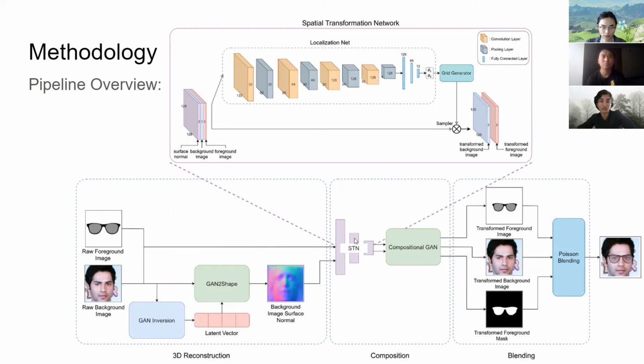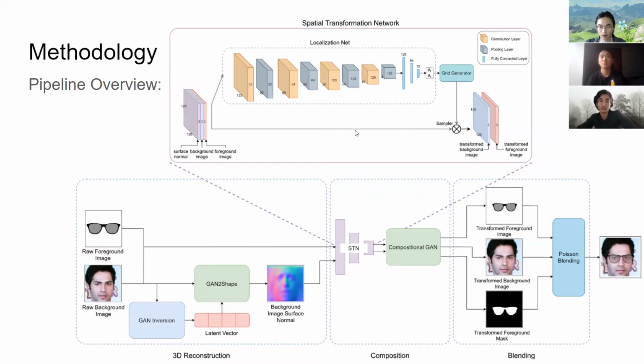We extend previous works into a pipeline which contains three major components. To improve the geometry consistency, we first introduce a 3D reconstruction component, which estimates surface normal from the 2D background image. Then, in the composition component, we implemented a new variant of deep spatial transformation network that has 9 input channels.